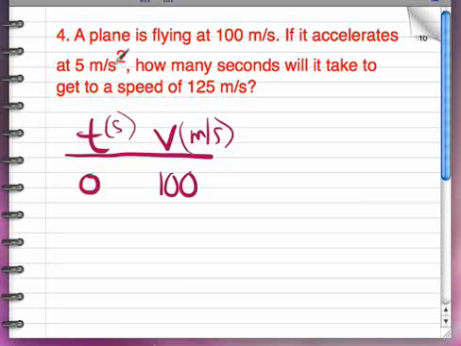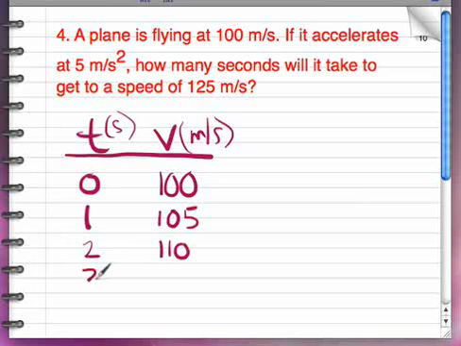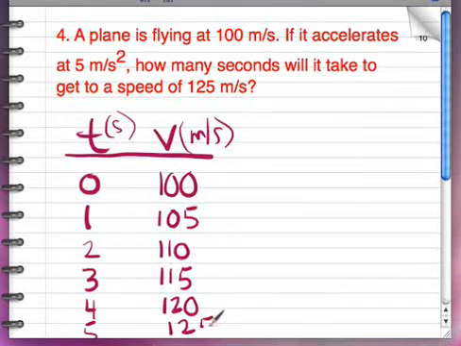The acceleration is 5, so we want to figure out how many seconds it'll take to get to 125. At 1 second, the speed would be 105. At 2 seconds, the speed would be 110. At 3 seconds, the speed is 115. At 4 seconds, the speed is 120. And at 5 seconds, the speed is 125 meters per second. So it takes 5 seconds.